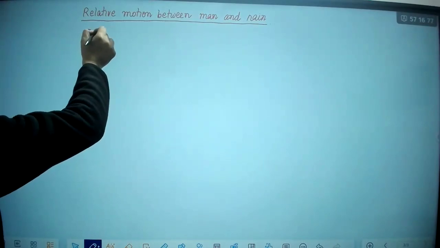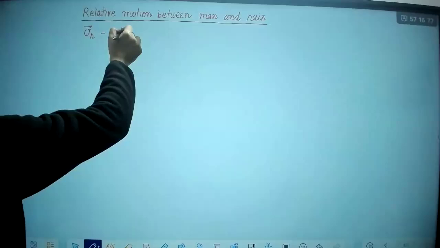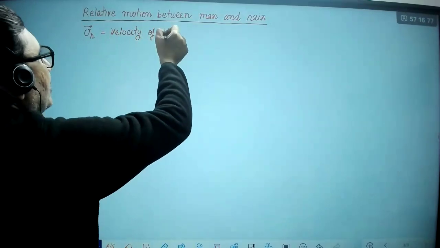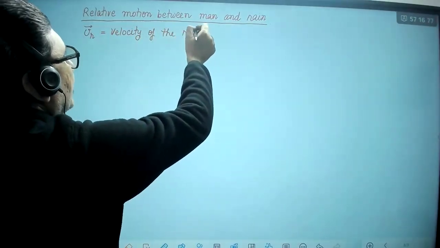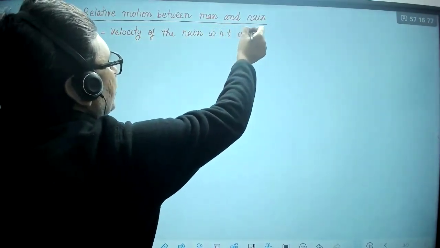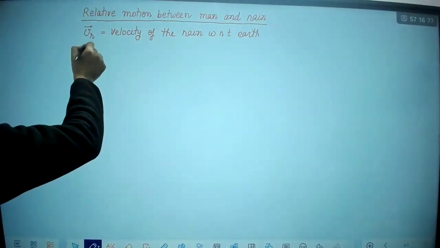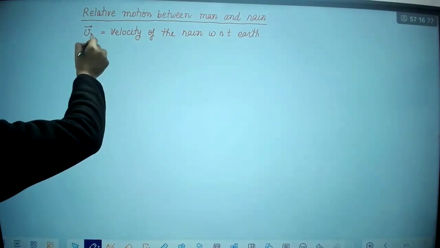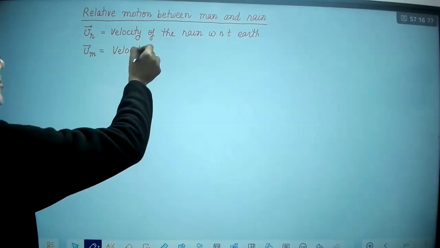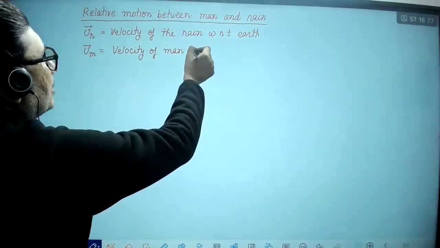VR means velocity of the rain with respect to earth. This is the first one. Second is VM, velocity of man with respect to earth.